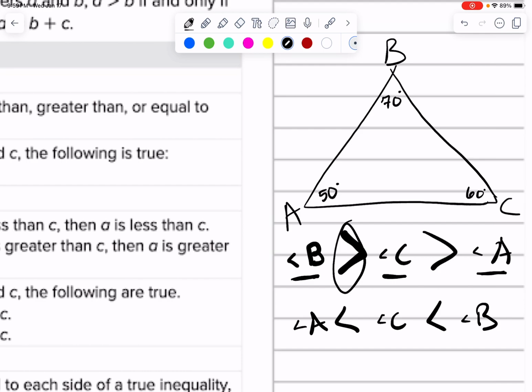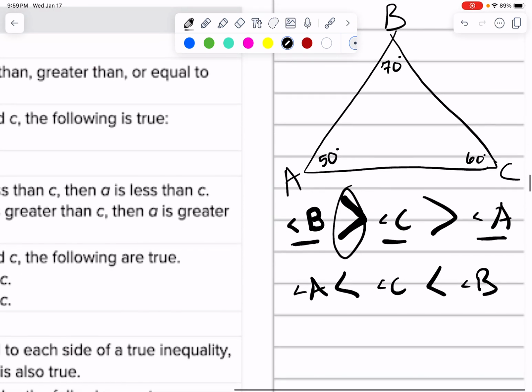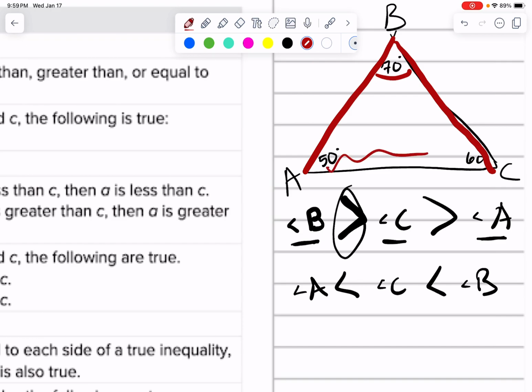Now, when we switch that around and start talking about the sides, this 70-degree angle is the biggest one. These two sides are opening up to make this third side. So I want to look at the side opposite the biggest angle, 70 degrees.